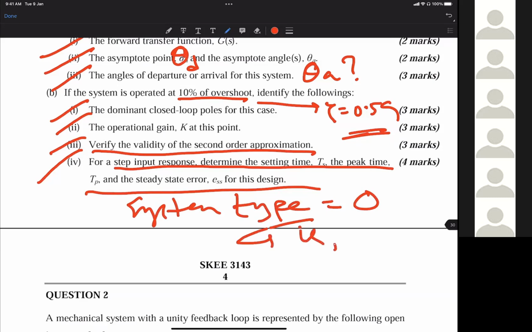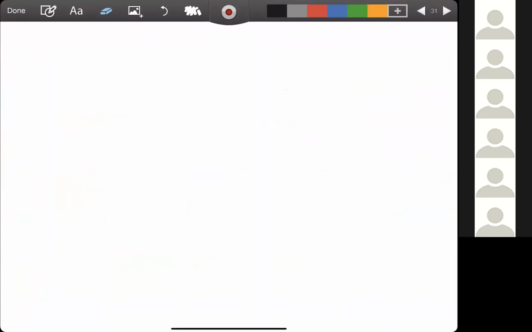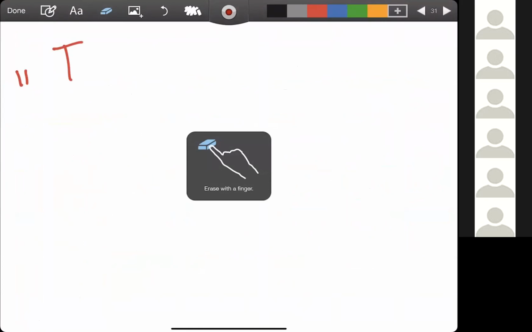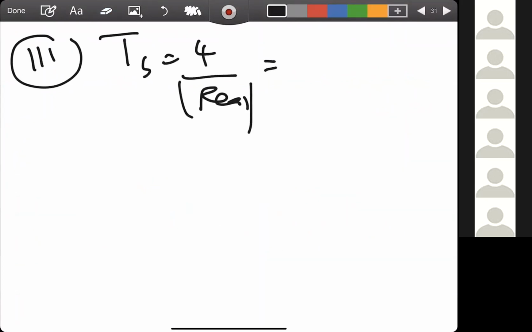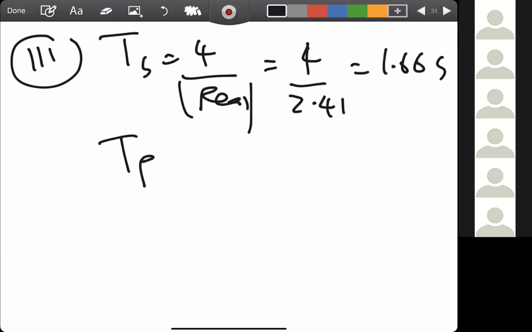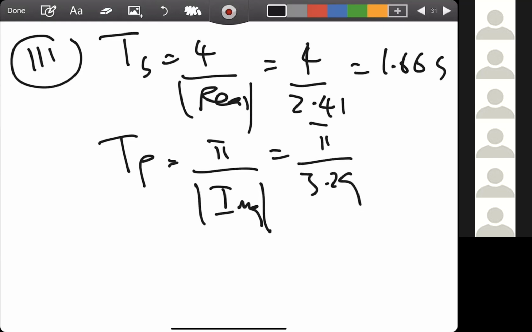So use Kp, then use ess equals 1 over 1 plus Kp. Okay, so come back to the solutions for Ts and Tp.